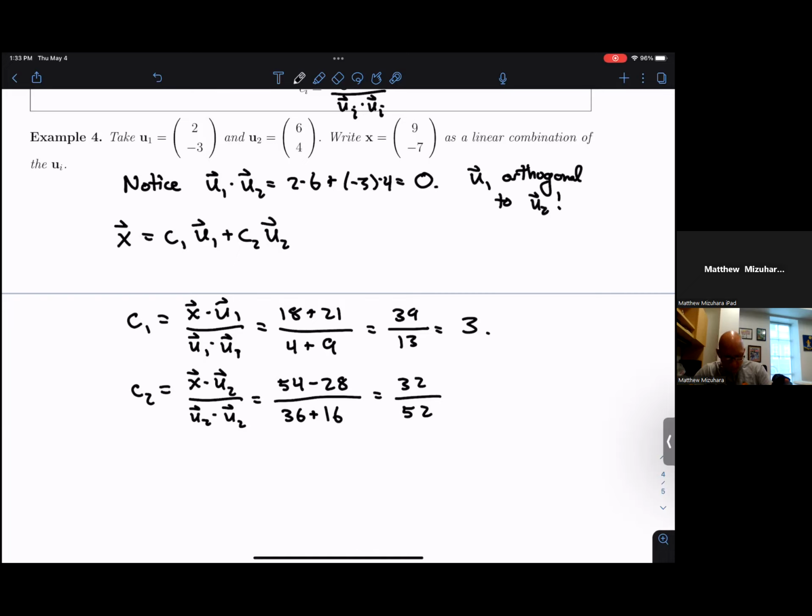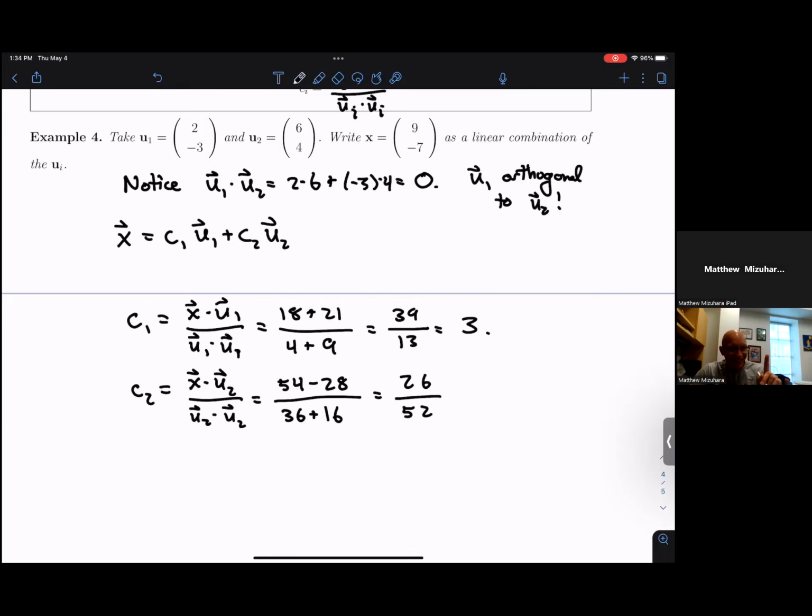Did I do that right? 54 minus 30... no. Something here doesn't make sense. Addition on the fly. 54 minus 28, right? So 54 minus 28 should be a 6 and then a 2, 26.